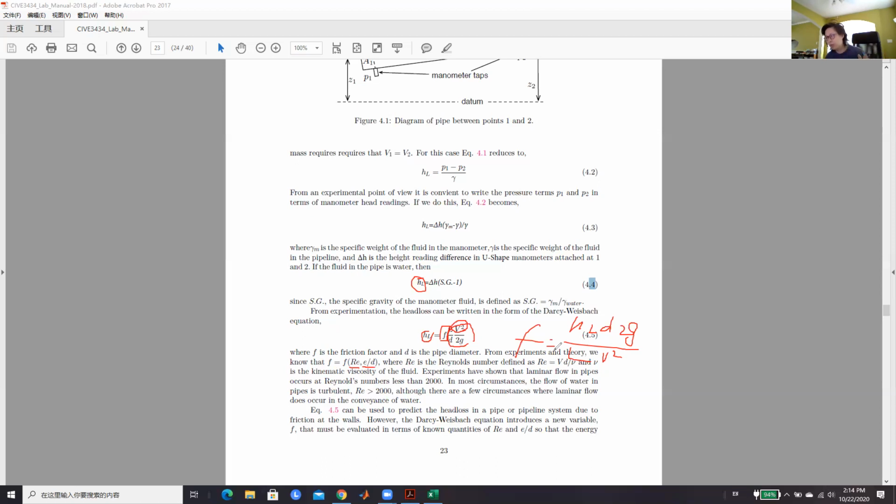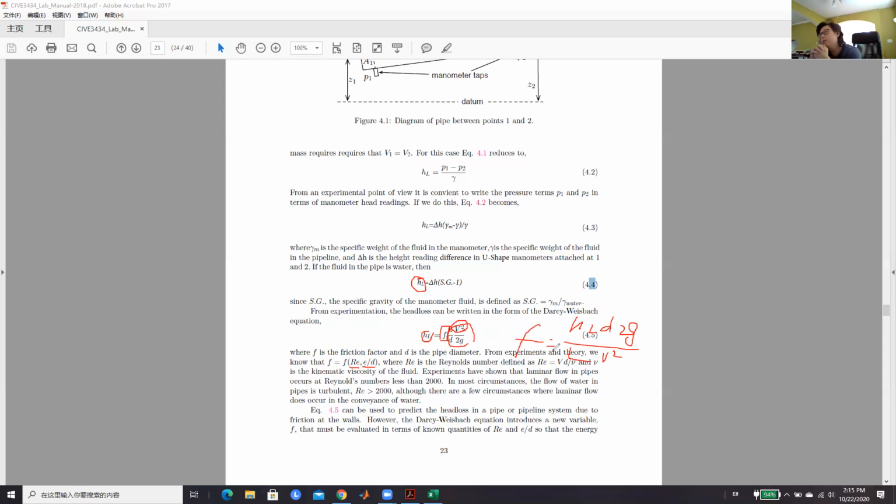So the Reynolds number should be bigger and bigger, right? When the flow rate is very small, it's laminar flow, and if it becomes larger, it will become turbulence flow. So the Reynolds number should escalate pretty fast.